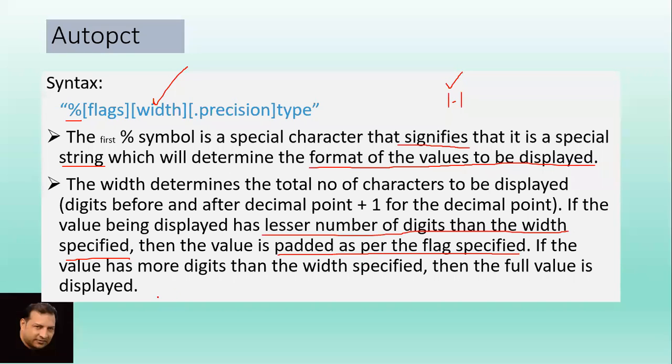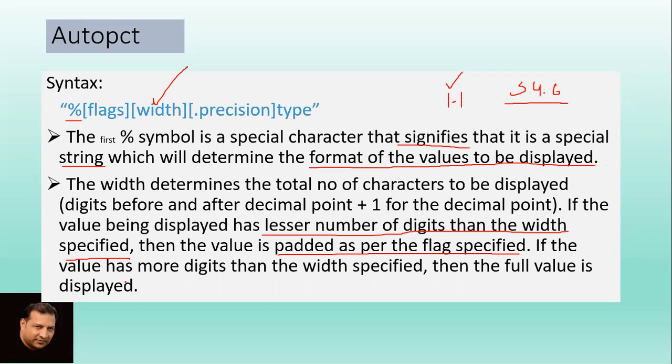But if the value has more digits, like if I have used 1.1, but the answer was being displayed like 54.6, it contains 1, 2, 3, and 4 characters, but here it is showing only 1.